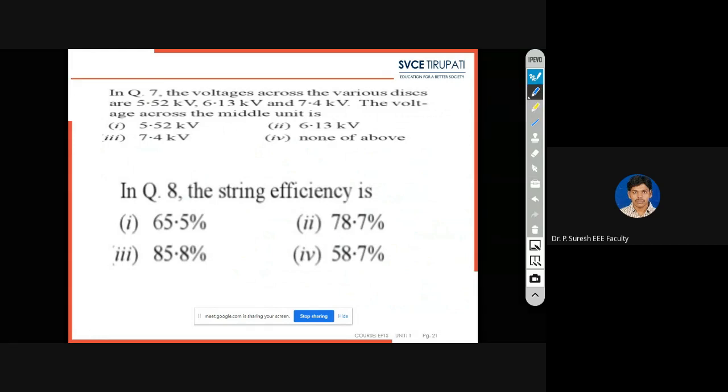And this is also a simple question. The voltages across the various discs are 5.52, 6.13, 7.4. Anyone tell me what is the voltage across the middle unit? Let us take this as V1, this as V2, and this as V3.